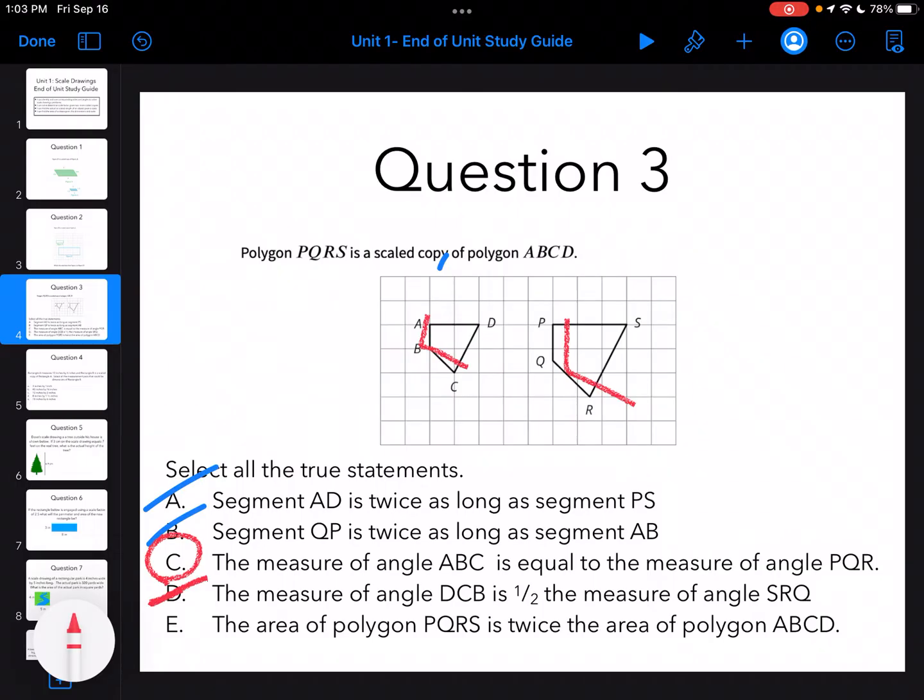The area of polygon PQRS is twice the area of the polygon ABCD. Well, that's not true because I know that depending on the scale factor, it's going to be the length and the width. So if it was a scale factor of 2, it would be 2 on this side and 2 for the width, making the area 4 times as big. So E is out. So the only correct answer here is C.